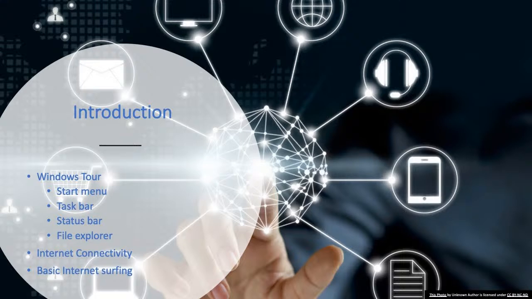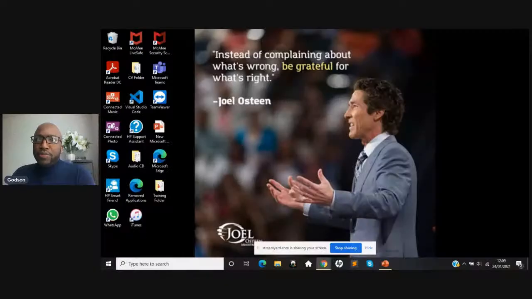The first one on the agenda is the startup menu. So what is the startup menu? Where do we find it? When we switch on our computer, our Windows program, we see the menu. So what does it mean? I'm going to show you briefly using my computer. As you can see on the screen, on the far left it says start.